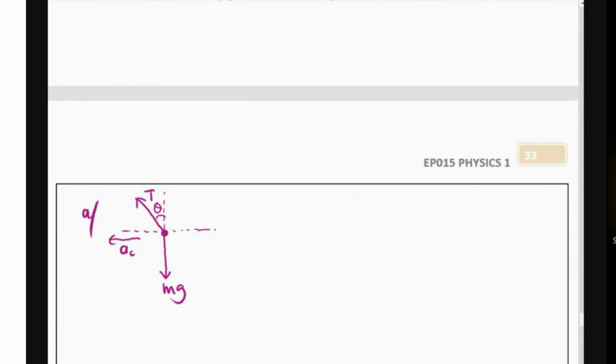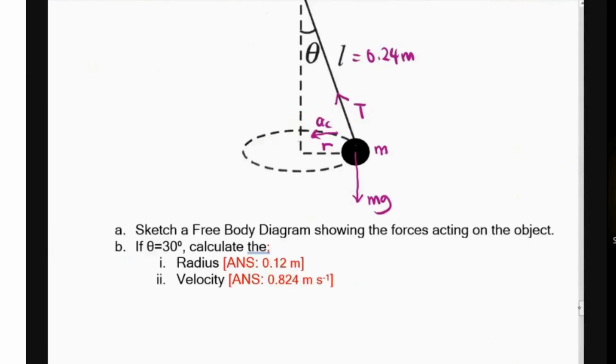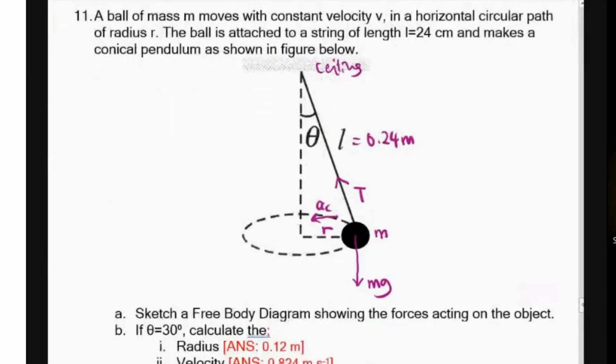Next, question B. Given theta is 30 degrees, calculate the radius, r, and the velocity of the ball when it moves in the circle.